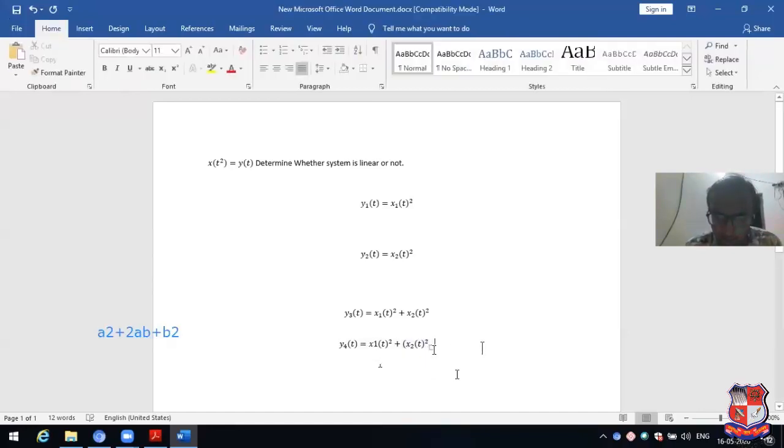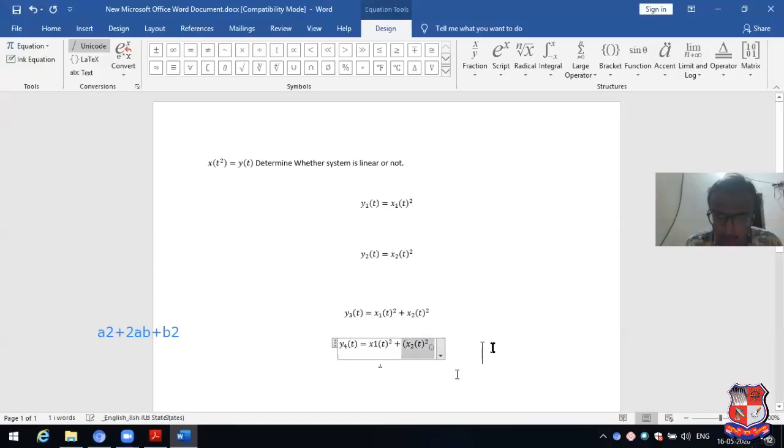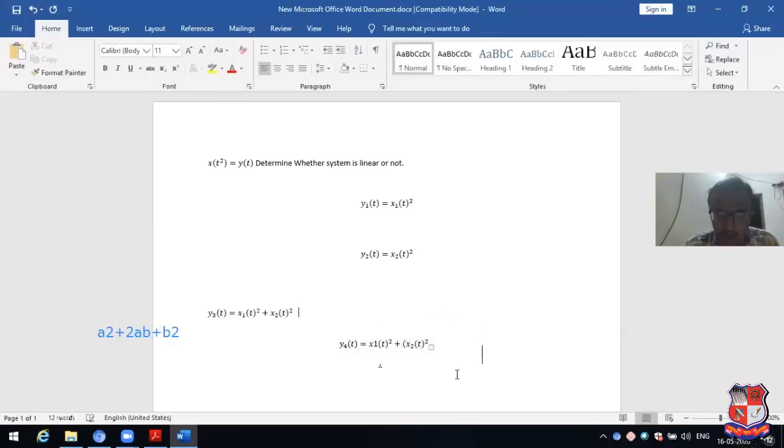See this, this is equation 1 and this is equation 2. So equation 1 is equal to equation 2. These two equations are equal with each other. That's why the system is linear.